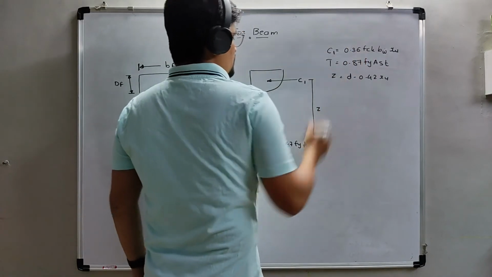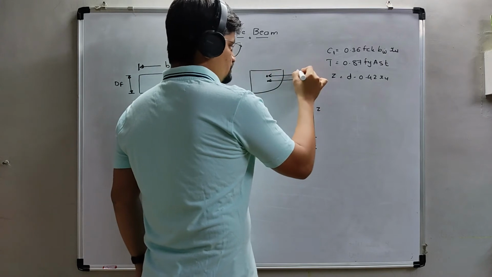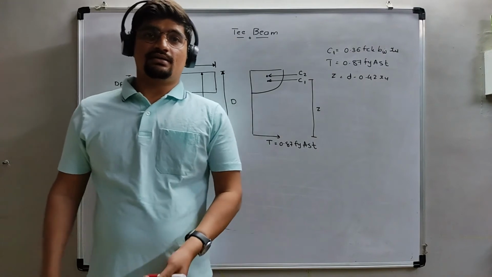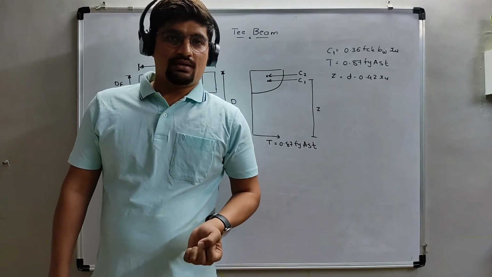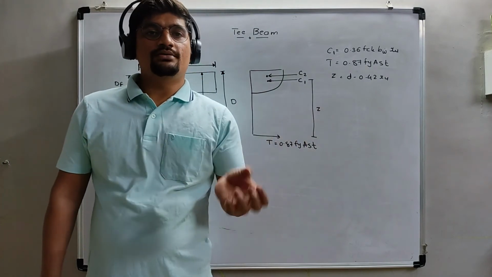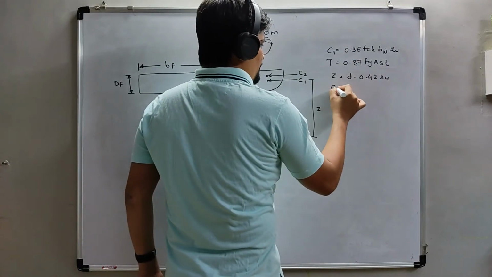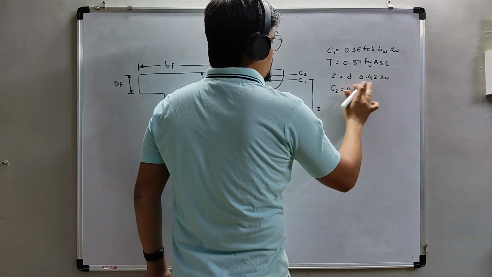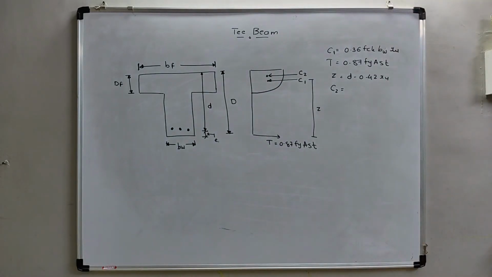Okay, C1 and C2 somewhere here. As we have studied in the doubly reinforced section, C2 was occurring due to the additional compressive reinforcement. So here C2 will occur due to the flange portion.